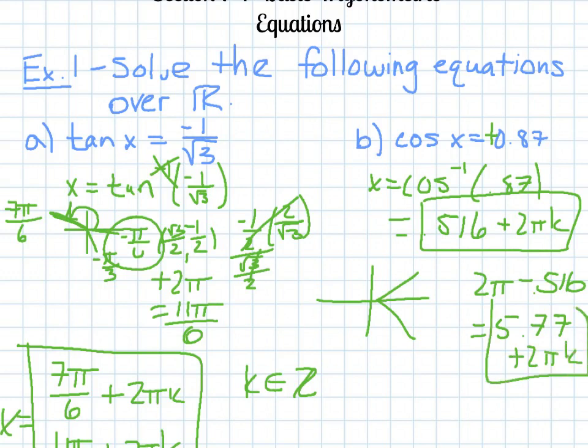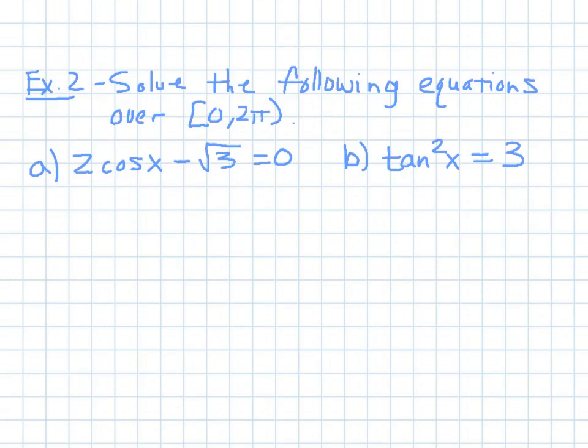This one doesn't work like the last one where you can add pi, because adding pi to 0.516 would not get me to 5.77. So I have to show both solutions to be correct.